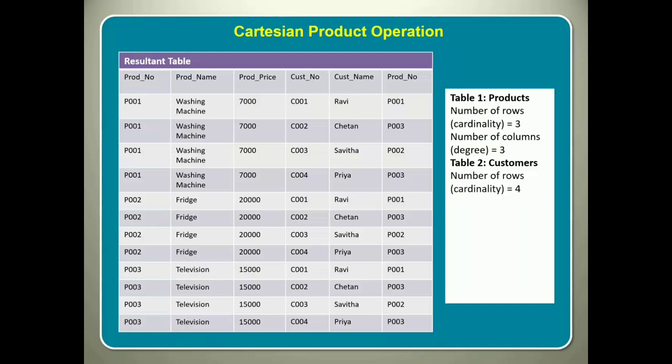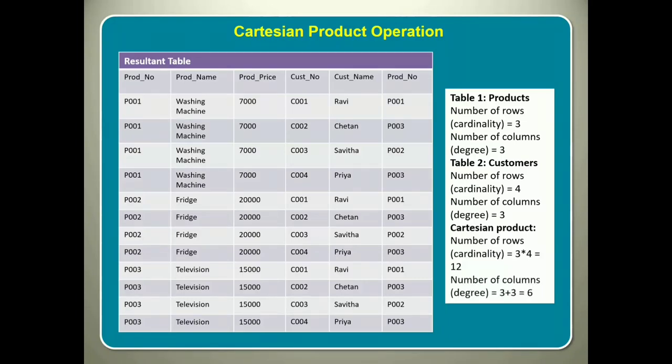Number of rows, cardinality, is equal to 4. Number of columns, degree, is equal to 3. Cartesian product, number of rows, is equal to 3 into 4, is equal to 12. Number of columns, degree, is equal to 3 plus 3, is equal to 6.